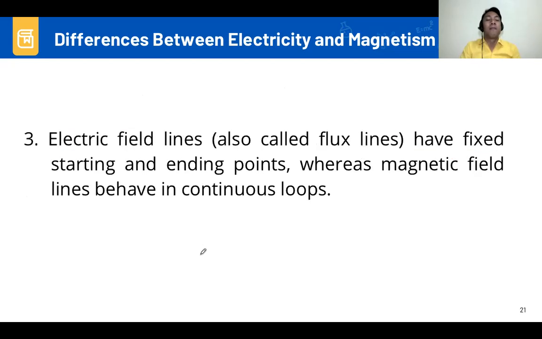Okay? Number three, electric field lines, or also called flux lines, have fixed starting and ending points. Tama? Kapag yung positive electron is attracted by the negative electron, andun na lang siya. Okay? Why? Wala namang negative doon sa kabila. Diba? So na-attract siya because wala siyang kaparehas. That is electric field lines.